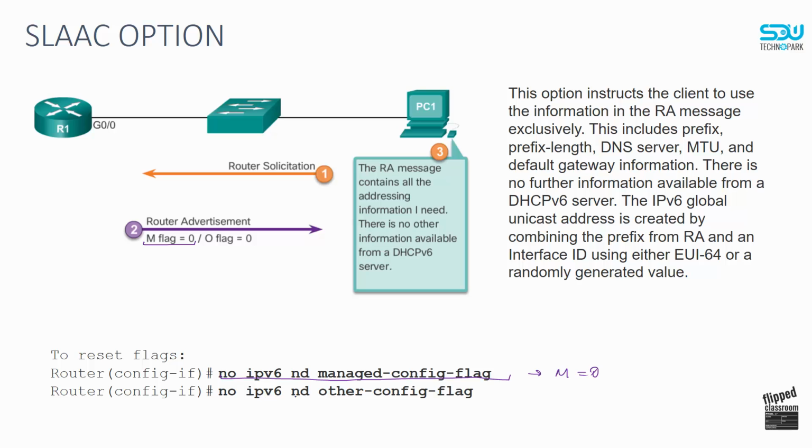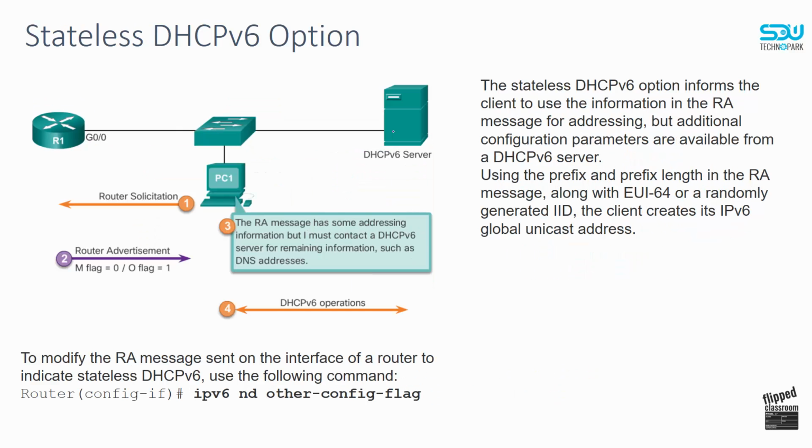No ipv6 nd other-config-flag, O will be equal to 0. This is the first variant. Get all information from me. I mean, the router says to the computer, you don't need to contact the DHCP server, everything from me, but you will generate your IP address by yourself.